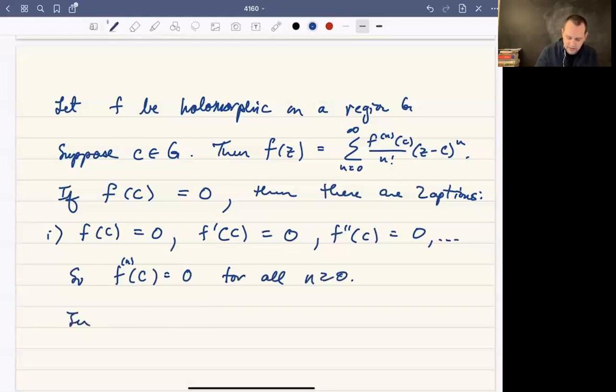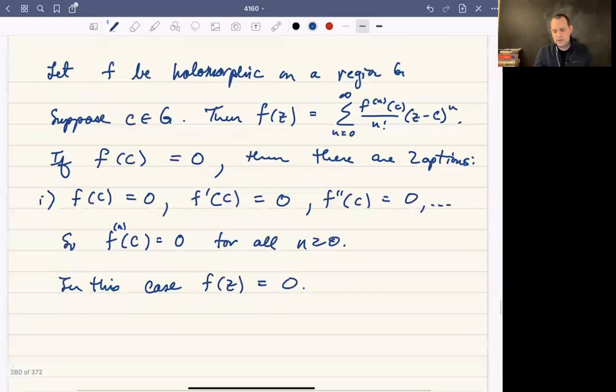In this case, f is literally the 0 function, at least on that smaller disk centered at c. So f of z is 0 in some open disk centered at c. I don't care how small it is. That's the first possibility: all the derivatives of f are 0, in which case f is the 0 function.